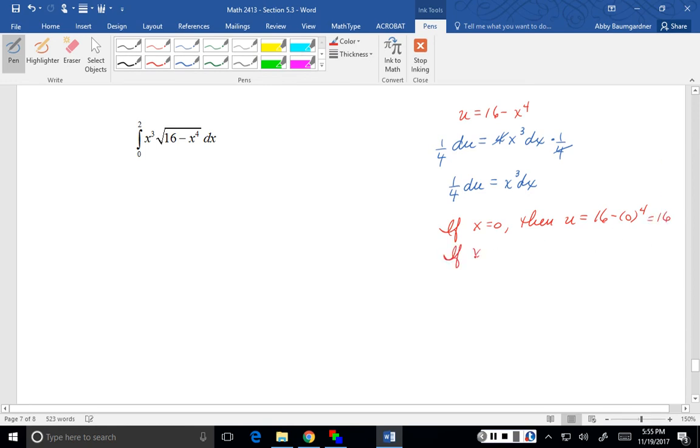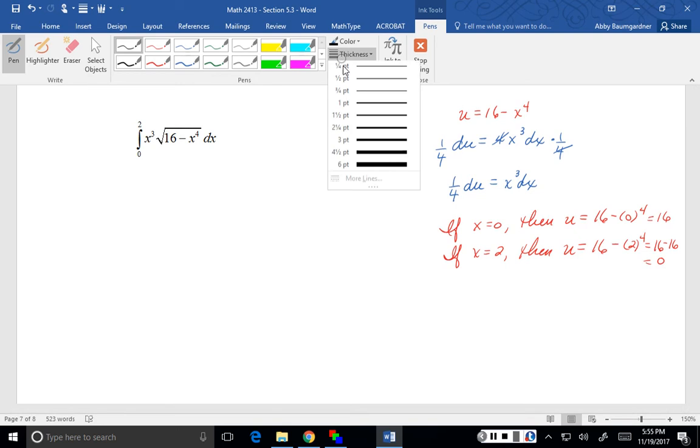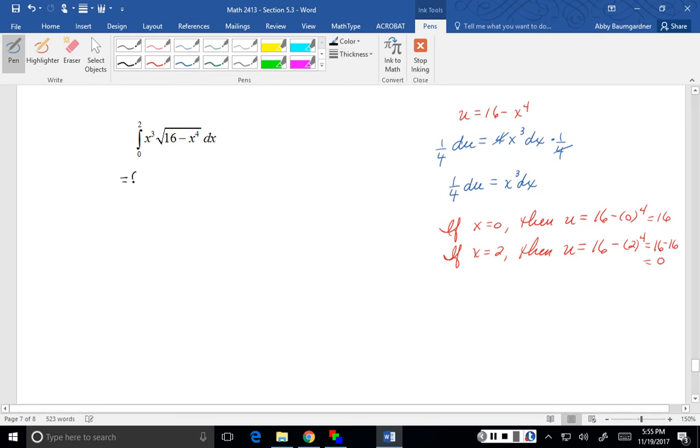If x is 2, then u equals 16 minus 2 to the 4th, which is 16 minus 16, which is 0. So my old bound of 0 now becomes 16, and my old bound of 2 now becomes 0. I still have the square root.